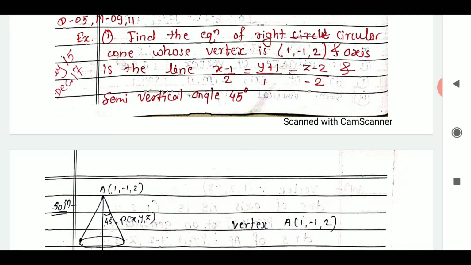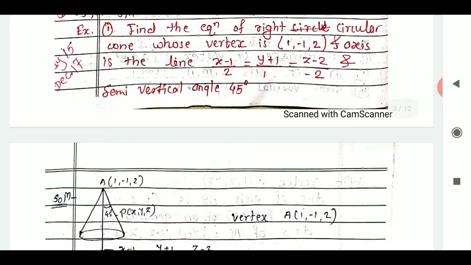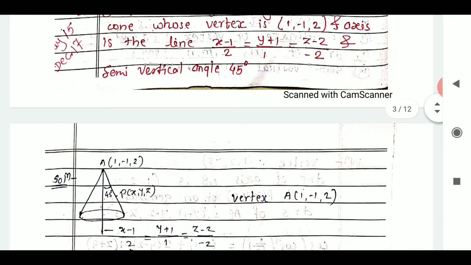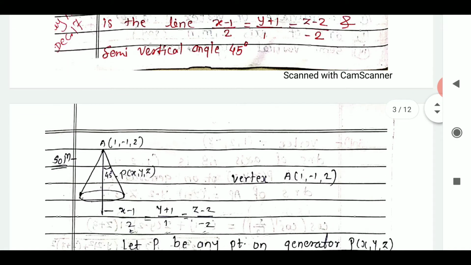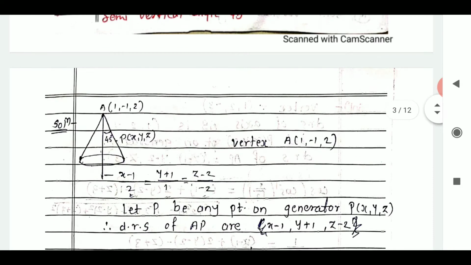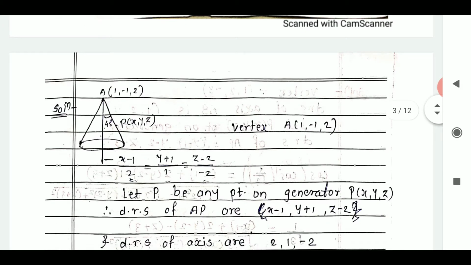This alpha, beta, gamma, which are 1, minus 1, 2, denote the vertex, and 2, 1, minus 2 denote the direction ratios of the axis. Now for simplification we draw the figure. Here the vertex is point A, 1, minus 1, 2, the angle is 45 degrees and the axis line is as given.